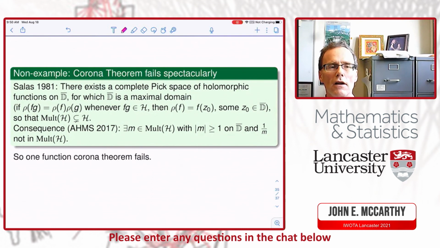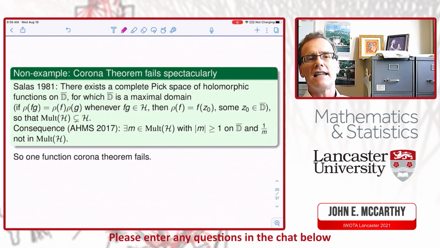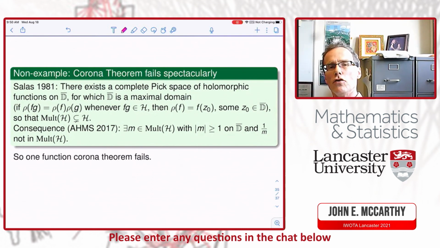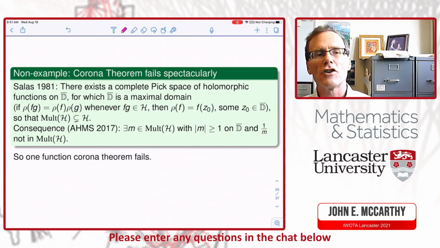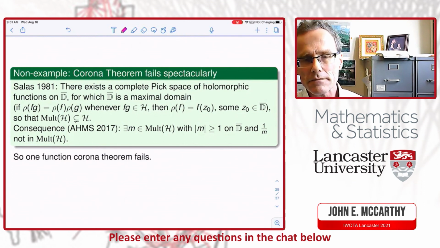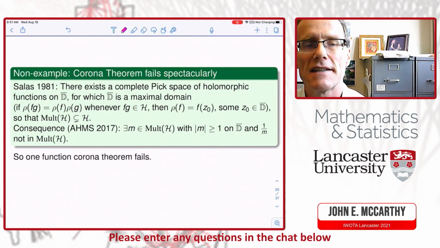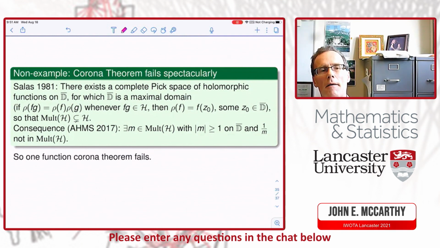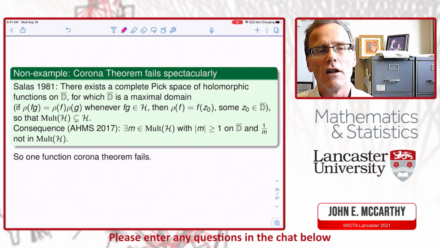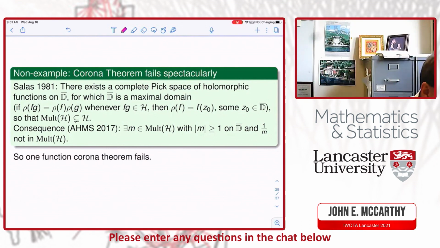Thanks to an example due to Hector Salas in 1981, he proved that there exists a complete Pick space of holomorphic functions on the unit disk that are continuous up to the boundary. And they really do live just on the unit disk, in the sense that if I take any partially multiplicative functional, something that's multiplicative whenever the product FG makes sense, then that's just evaluation at a point in the closed unit disk.